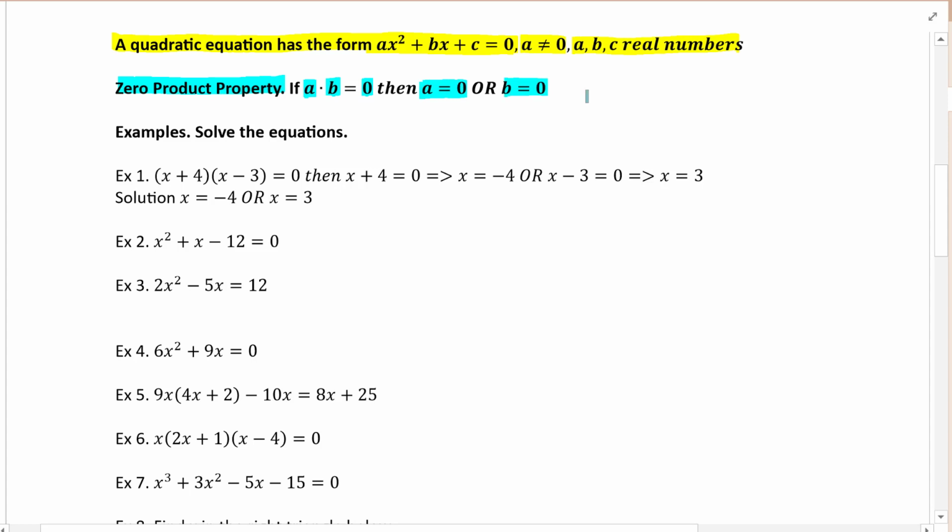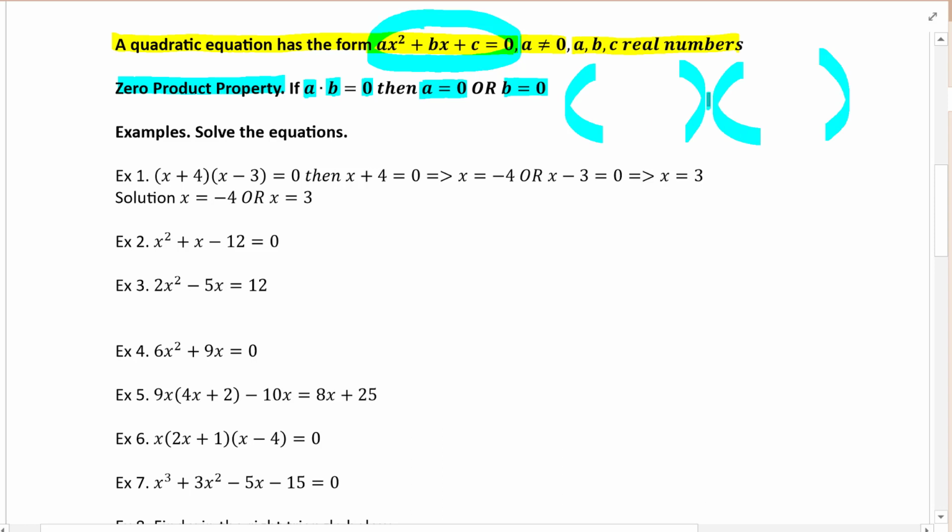There is no other way. So that tells us that our goal is, from a quadratic equation in this format, to write it as a product of two factors equals 0, so that we can set each of those factors equal to 0.